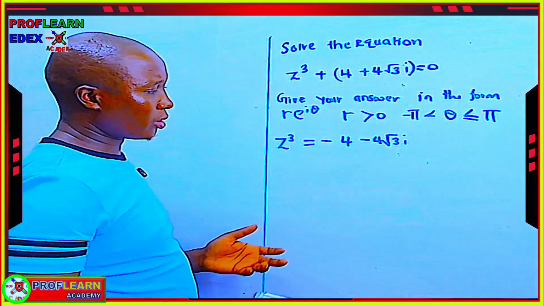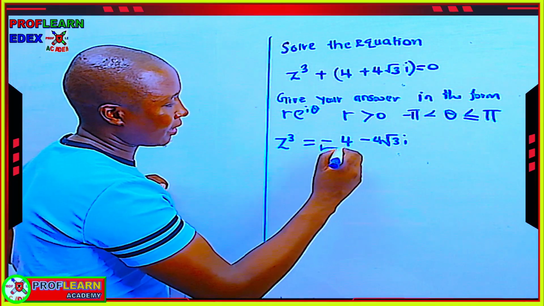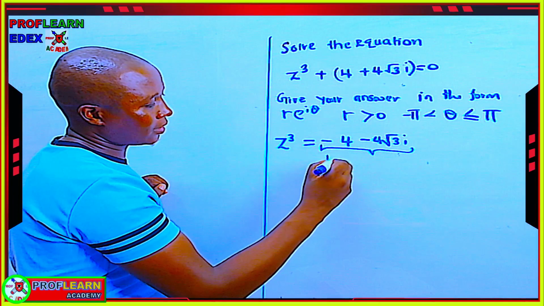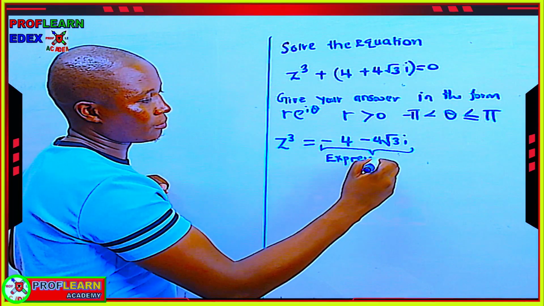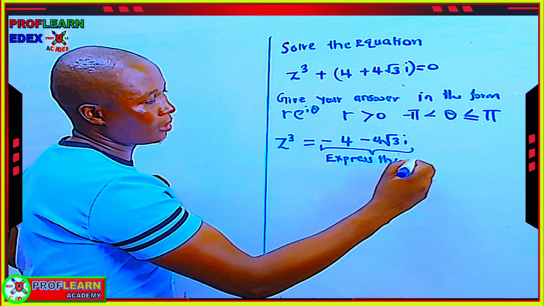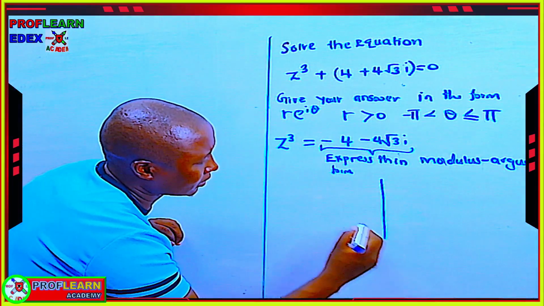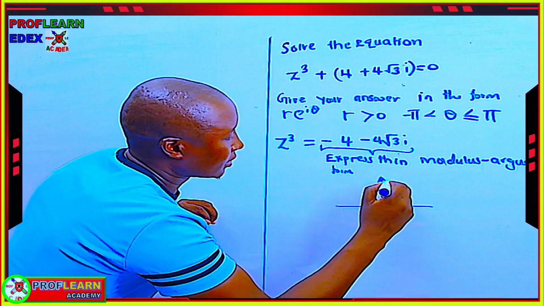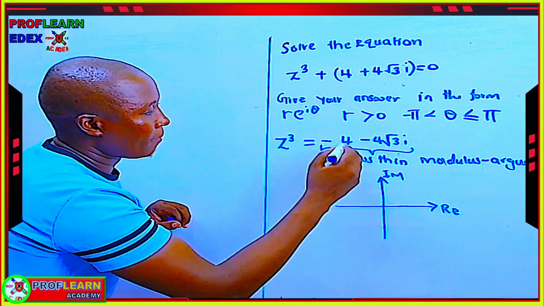And what are we going to do with this? Whatever we are having at this particular point, we are going to express in argument form. But before we do that, we need to draw an Argand diagram for the same, which means that this is the imaginary axis and this is the real axis.